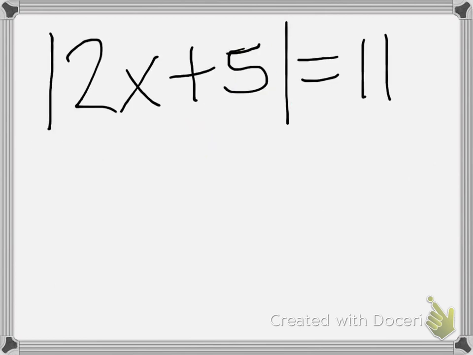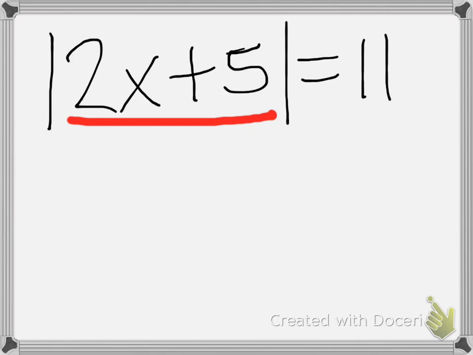So this is going to bring us to our first actual example of an absolute value equation. How can we solve for x? How can we find out what x is? Well, the first thing we want to do is look inside the absolute value and see if there's anything that can be simplified, anything that can go together.